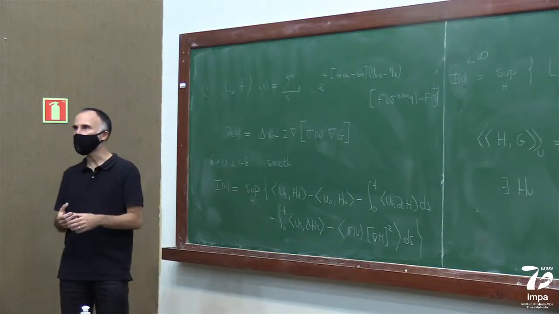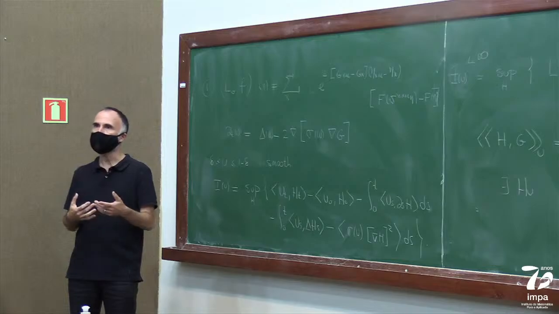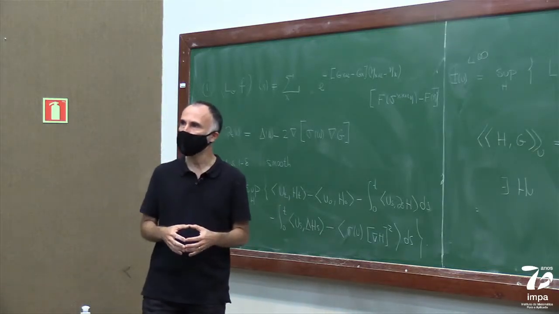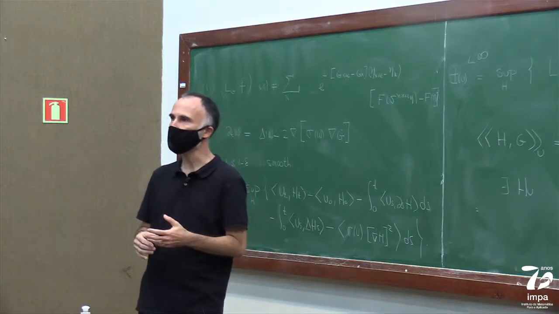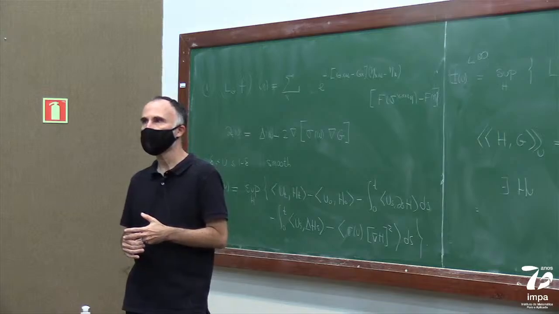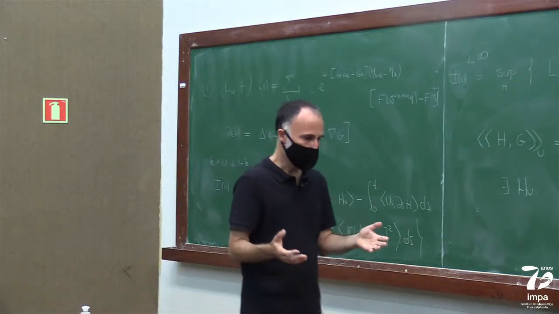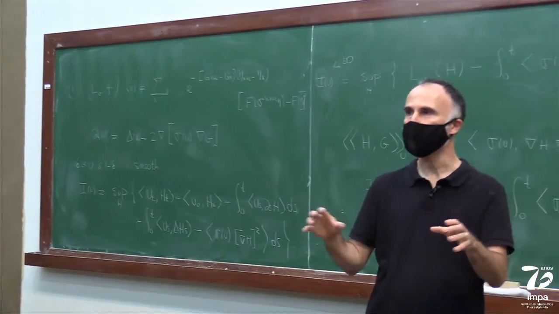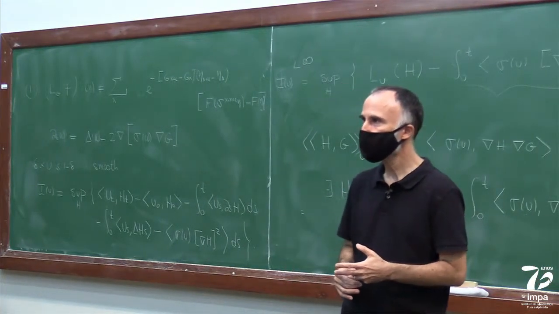There are many technical details on the road, but I hope that you have a clear idea of the strategy you need to follow in order to prove it. And what's interesting is that, as we showed, this strategy is essentially the same in very different contexts.